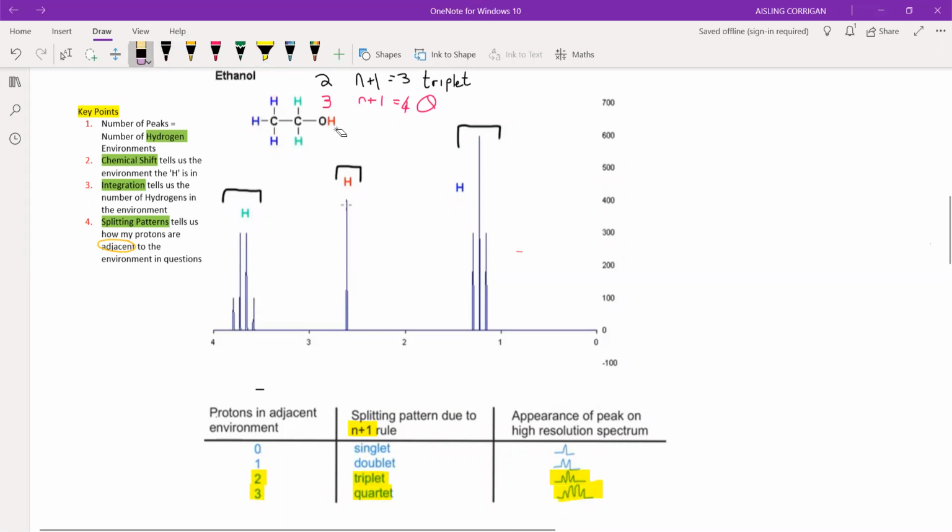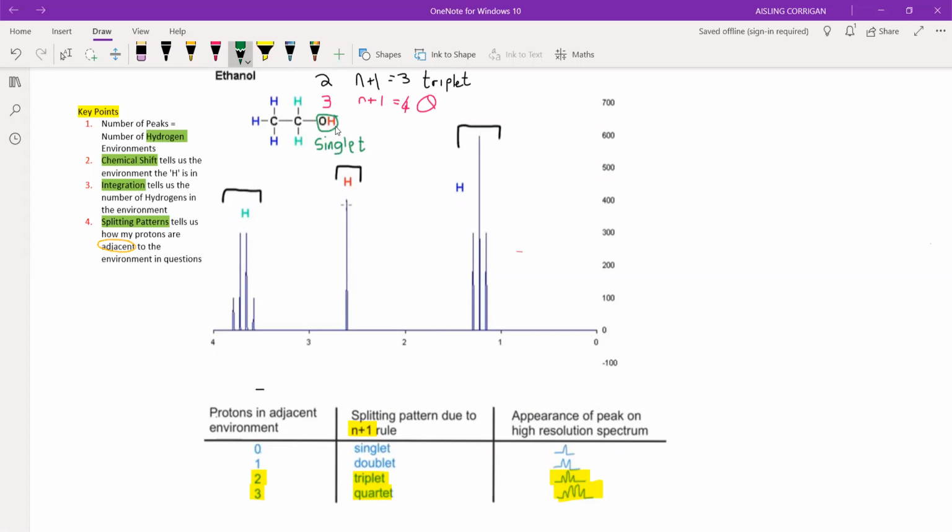I'm going to look at this OH now, and it's really important to note here that OHs will always, always, always be a singlet. So singlet is what's represented by this 1 high peak here. And the reason is, remember I mentioned earlier that the splitting patterns are the amount of protons adjacent to it.